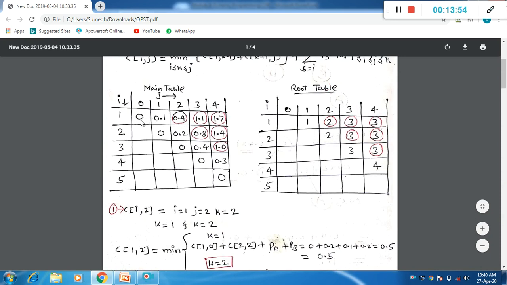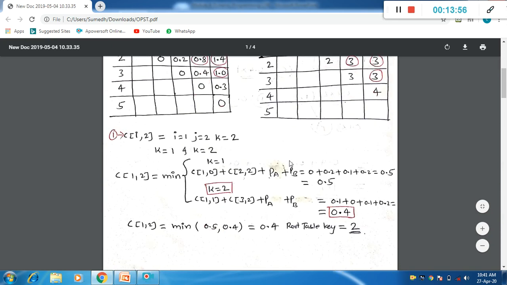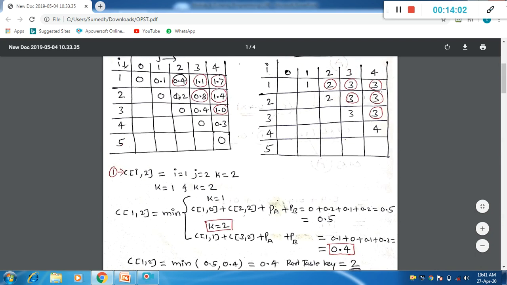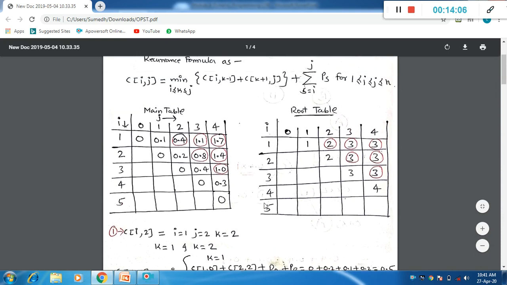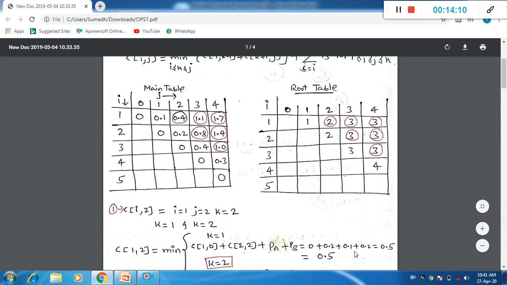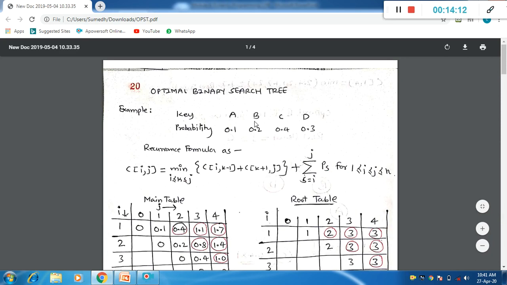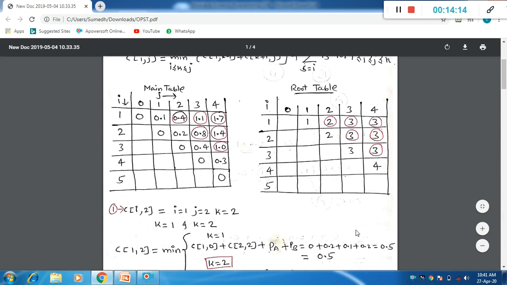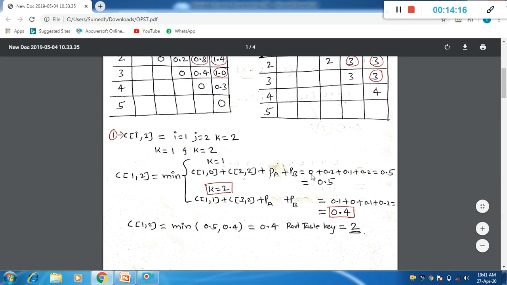From this main table you will get C of 1,0 is 0, plus the value of C of 2,2, which is 0.2, plus the probability of A, which is 0.1 from your given example, plus the probability of B, which is 0.2. When you add all this you will get the value 0.5.